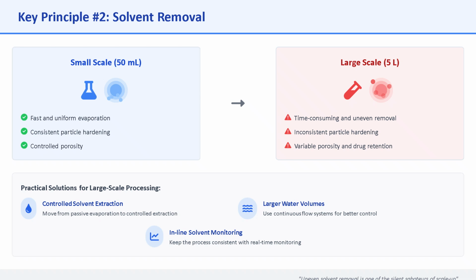PLGA droplets remember the shear environment they were created in. The biggest mistake most people make is trying to match RPM between scales. That never works. Instead, the correct strategy is to match tip speed and energy dissipation rate, because these are the real forces that control droplet breakup and particle size.